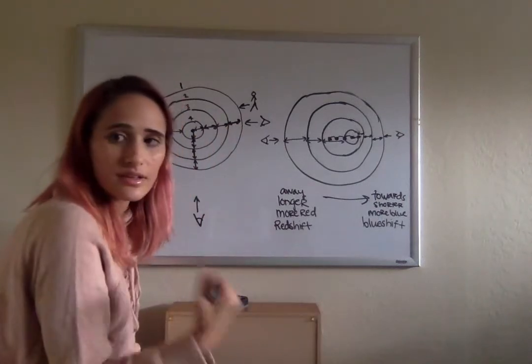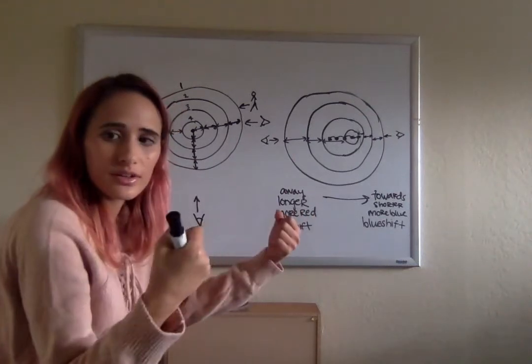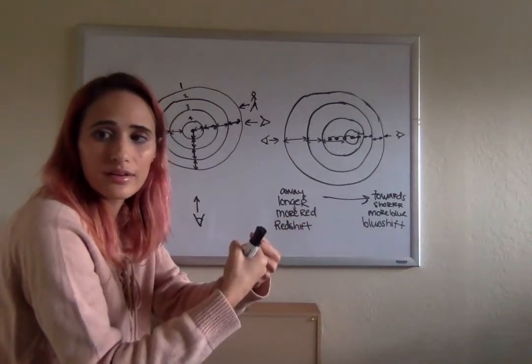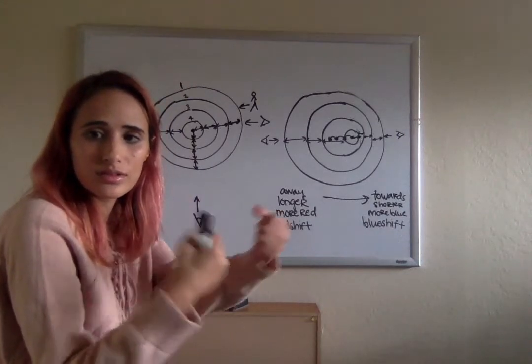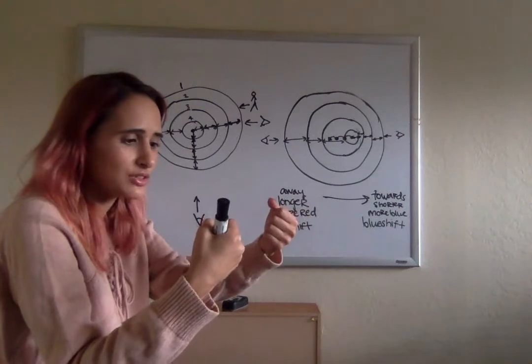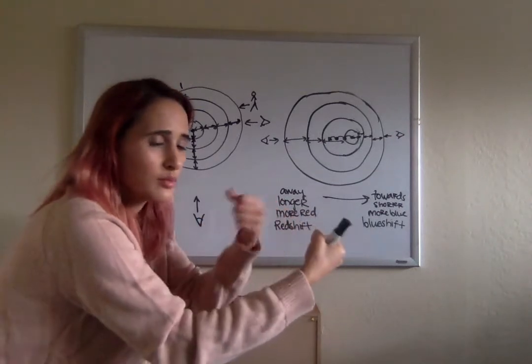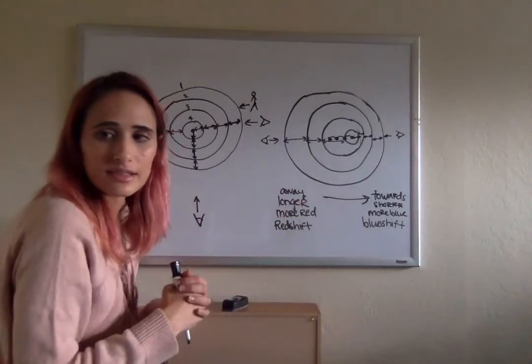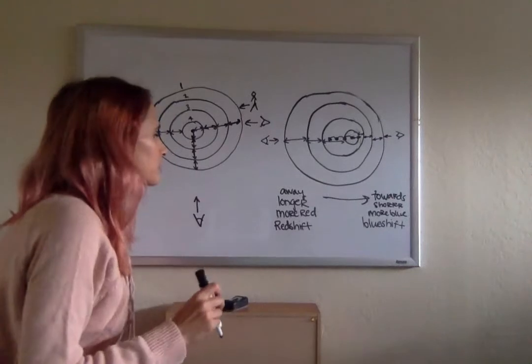If you and something else are walking towards each other, you're going to get to each other quicker than if you were just standing still and they're walking towards you. So you're walking towards this wave coming at you, and it's going to pass by you quicker and more often than if you were just standing still. So you get an increase in frequency, which is the same as a shorter wavelength.